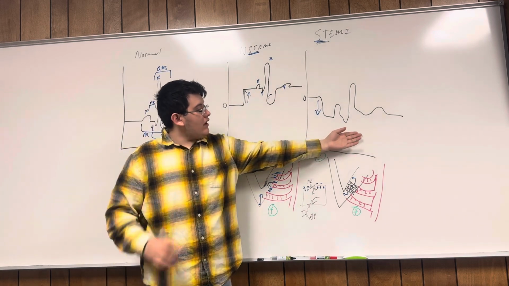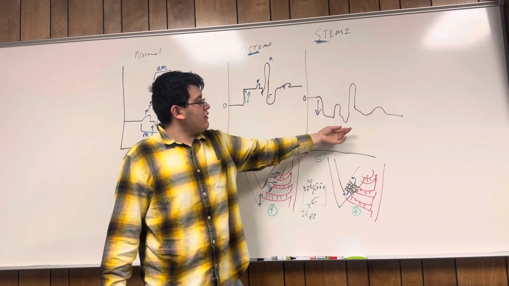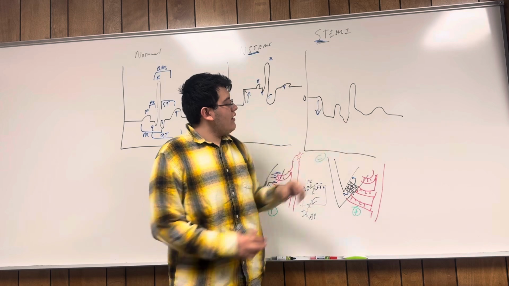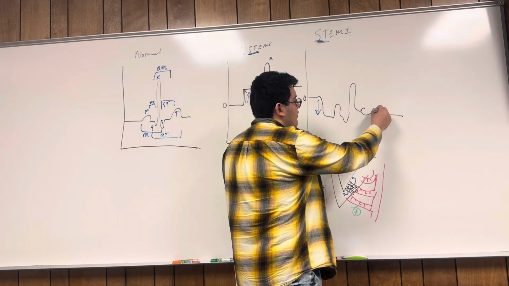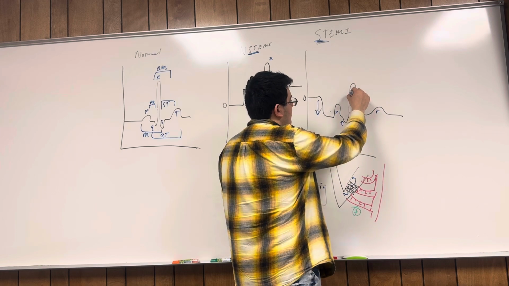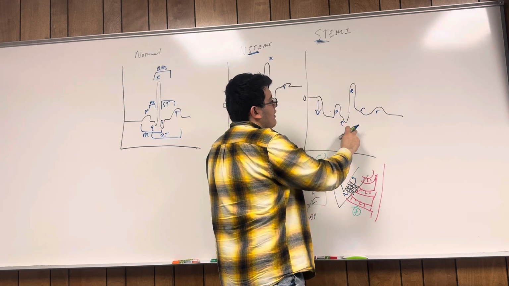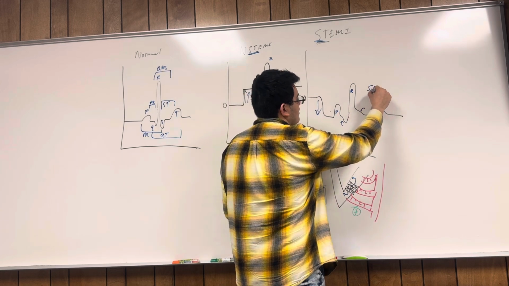While here on the normal STEMI, our ST waves, the S and the T, don't tend to make it all the way down, while our P, Q, and R are pretty normal. This is known as ST elevation.